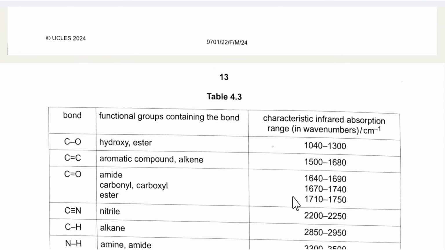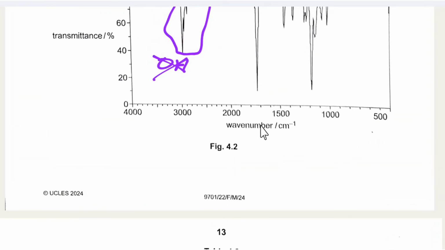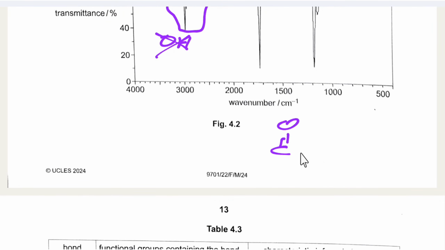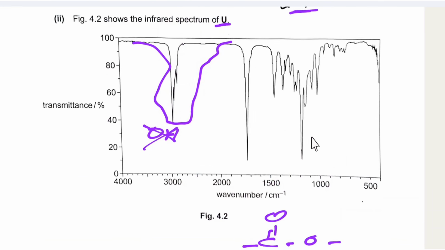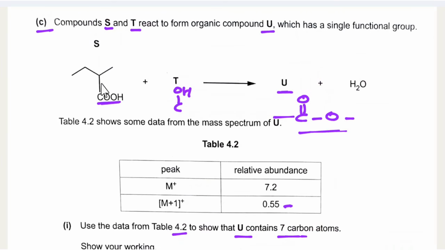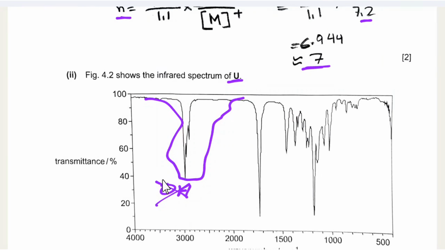So 1720, that is C=O, that is an ester. So there must be an ester present, that is COO. A carboxylic acid reacts with an alcohol to form this ester, and as we can see from the spectrum, no OH group is present, and so it must be an ester.